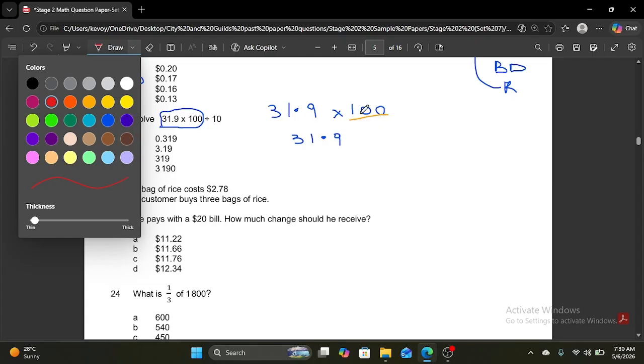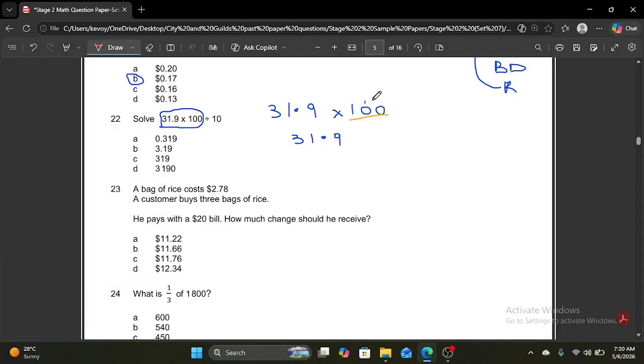So how many zeros are in 100? That's 1, 2. There are 2 zeros in 100, so we're going to move the decimal point 2 times, 2 skips to the right hand side. Why? Because if we're multiplying, the number has to be bigger, so we move it to the right to make the number bigger. That's 1 skip, 2 skips.